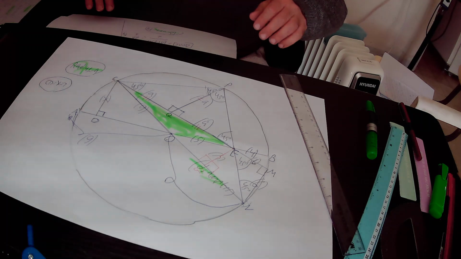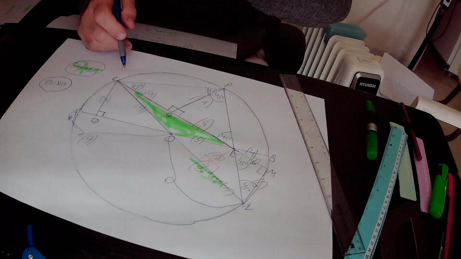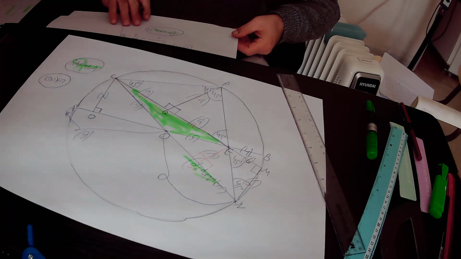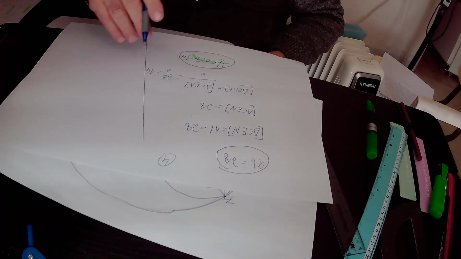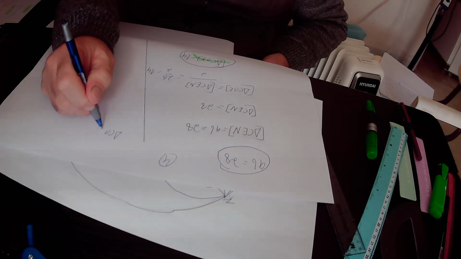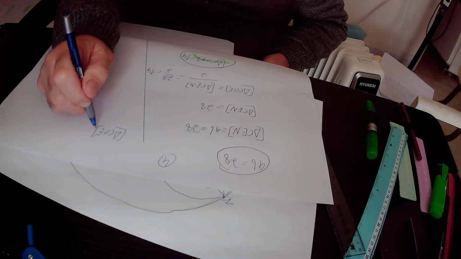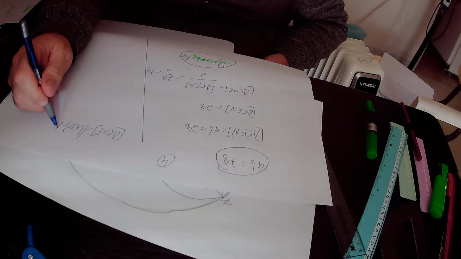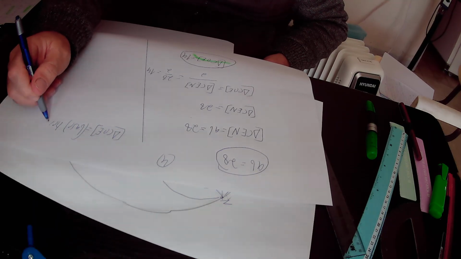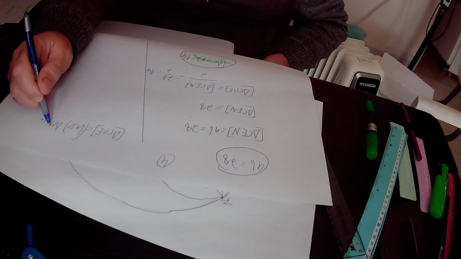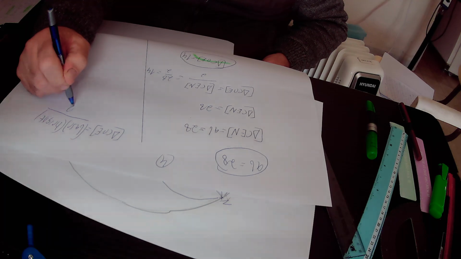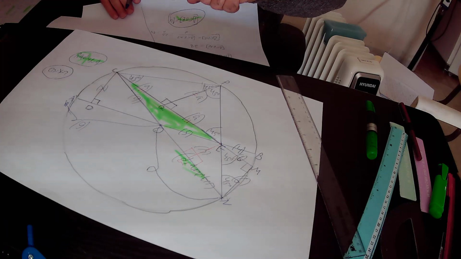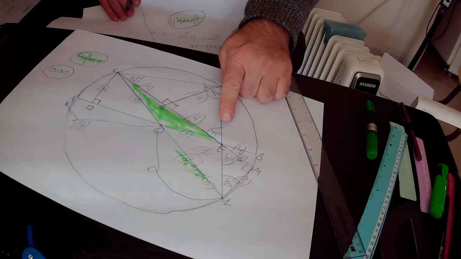In the next step, we will calculate the area of this green triangle COE according to the rule that says that the area of a triangle equals the base of the triangle times the height to the base over 2. So the area of the green triangle COE is equal to the base of the triangle times the height to the base, or the height to the extended base, doesn't matter, over 2. We choose the base EO.